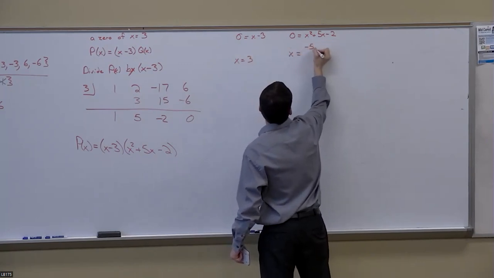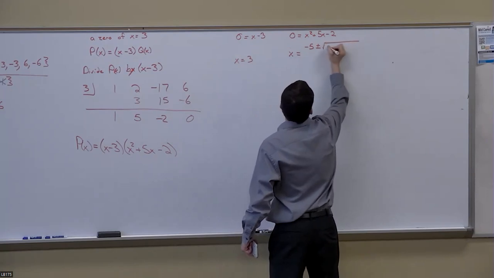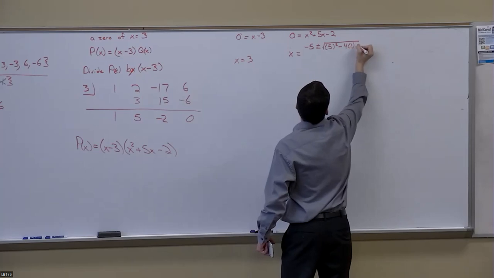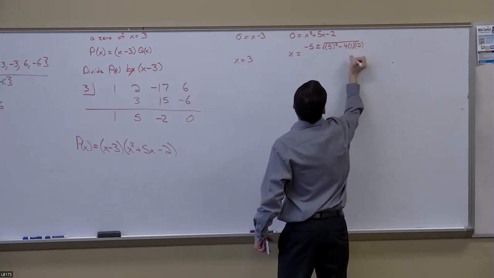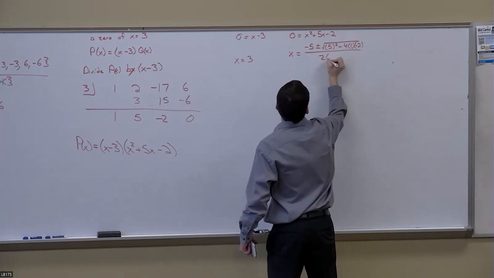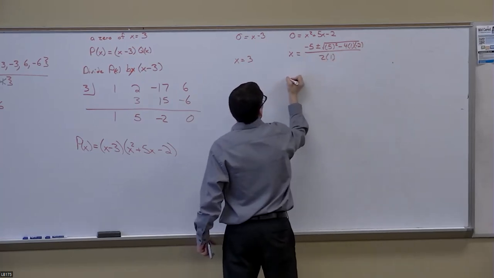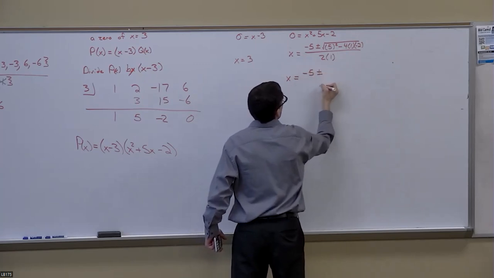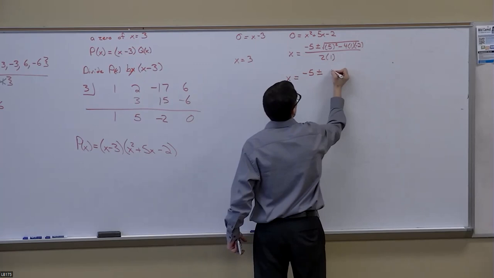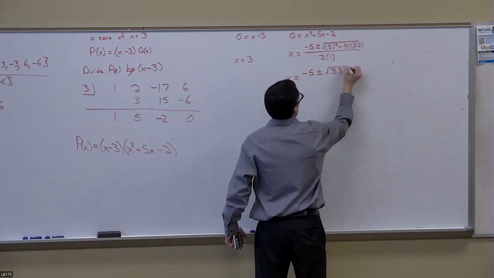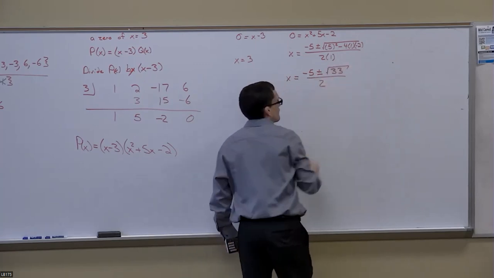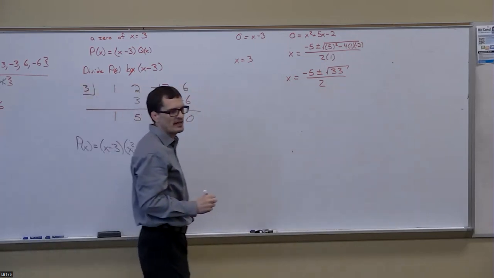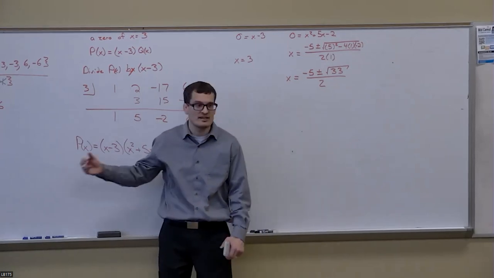This is the opposite of b plus or minus square root b squared minus 4ac, all divided by 2 times a. And you actually get real numbers. But the real number involves the square root of 33. Okay? And that's why it didn't show up as nice factoring here.